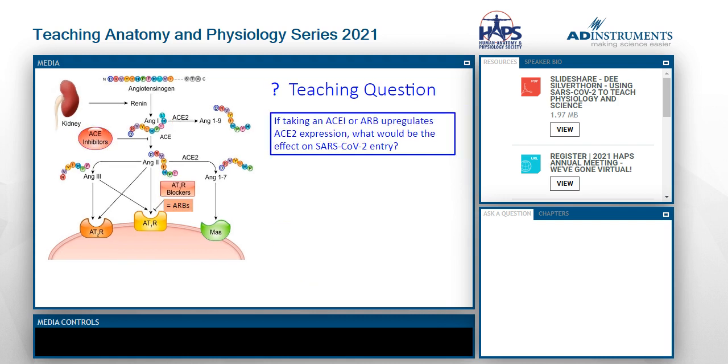Now, if we take that and we go to the next question, if that's true and we've got increased ACE2 expression, what's going to happen to the SARS-CoV-2 entry into cells? Well, you'd assume that if ACE2 is the receptor, it's going to make it a lot easier for cells to take up virus. And so what we've done now through this series of predictions is we've generated a testable hypothesis.